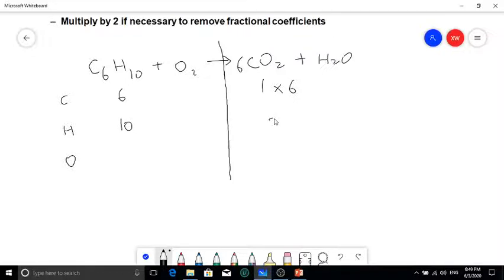There are 2 hydrogens from H2O, so you need a factor of 5 to make 10 hydrogens. Oxygen: you're always going to start with the 2 oxygens on this side because of the O2. Over here is 6 carbon dioxide, that's 6 times 2, plus 5 water, that's 5 times 1, which equals 17 oxygens.